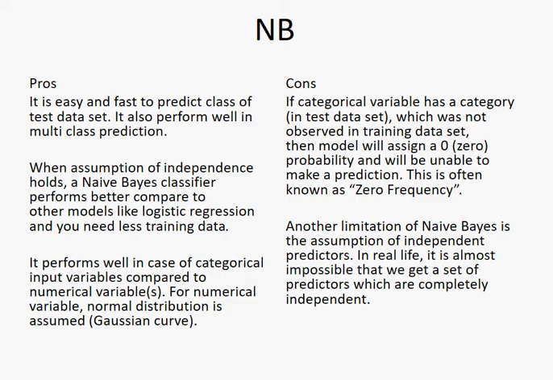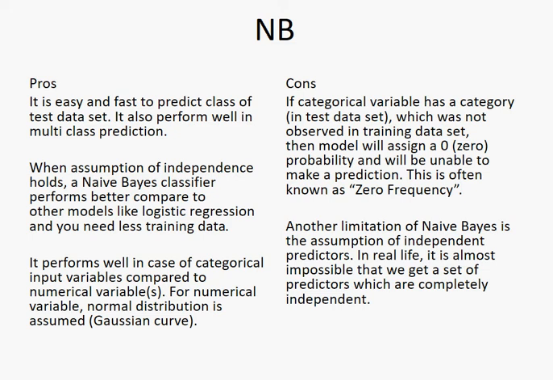Okay, so to sum up, what are the pros and cons of the naive Bayesian classifier? Well, it's an easy and fast algorithm to predict a class for a test dataset, and it performs well in multi-class prediction as well as binary prediction.